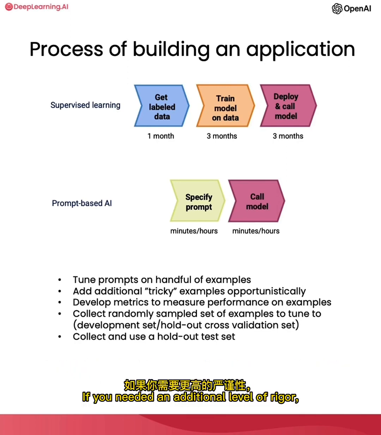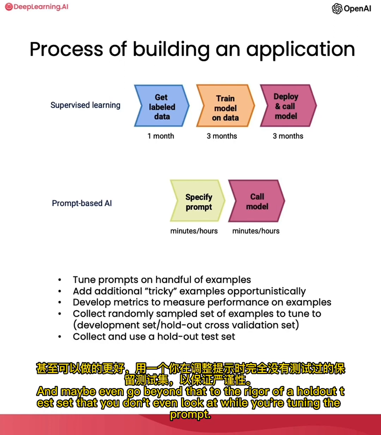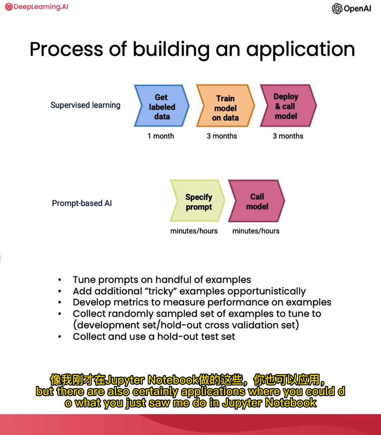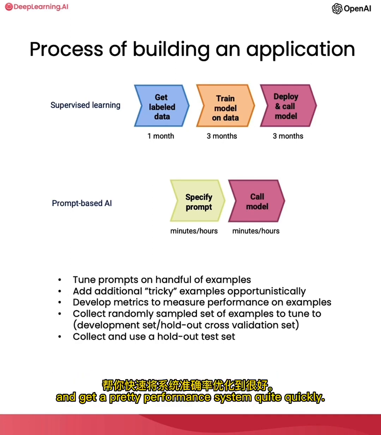If you needed an additional level of rigor, then you now have the software needed to collect a randomly sampled set of maybe 100 examples with their ideal outputs, and maybe even go beyond that to the rigor of a holdout test set that you don't even look at while you're tuning the prompt. But for a lot of applications, stopping at bullet 3 is fine, but there are also certain applications where you could do what you just saw me do in this Jupyter Notebook and get to a pretty performant system quite quickly.